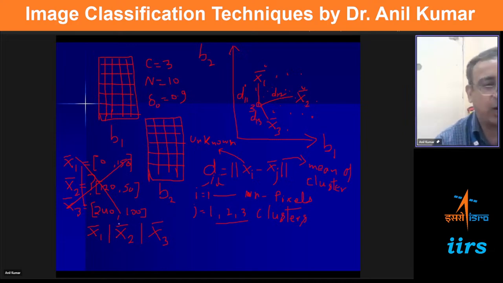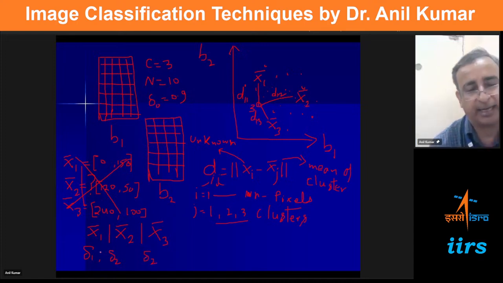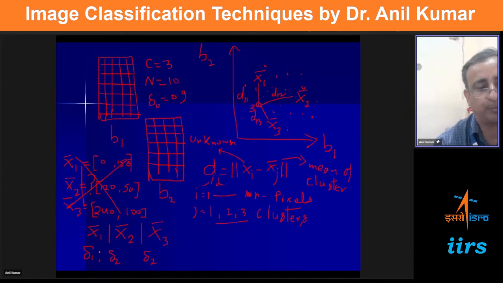You can find out delta 1, the difference between the old x1 and new x1, plus delta 2 and delta 3. That is the mean shift, because the mean is changing, and you can find that change with respect to clusters 1, 2, and 3.